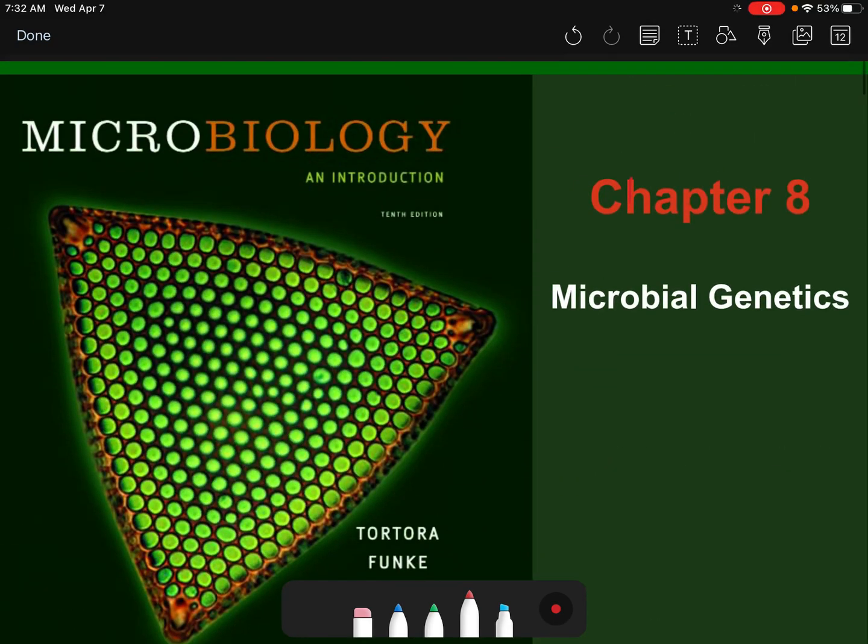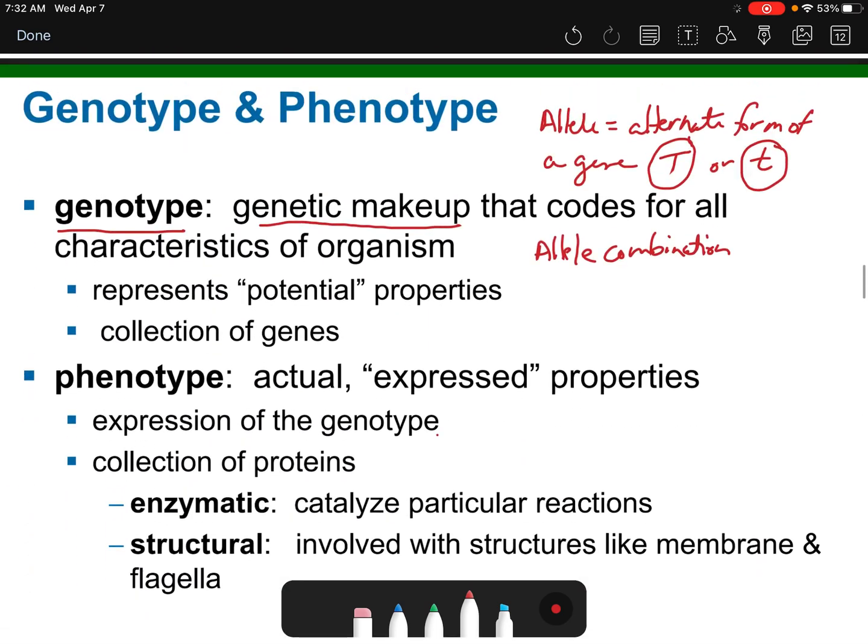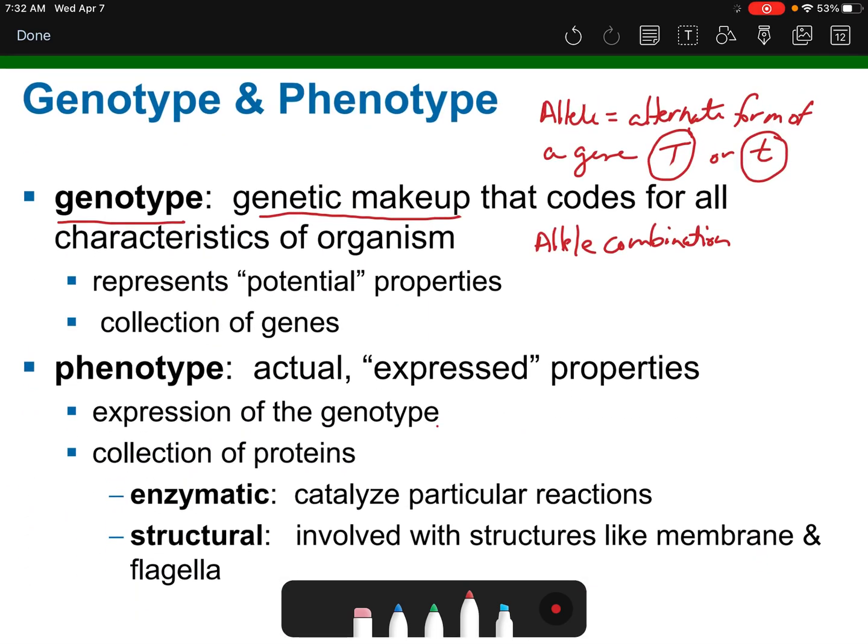So you could either inherit two big T's, a big T and a little t, or two little t's, depending on what alleles your parents had that were in the egg and sperm cell that joined together to form you. So these are what we call our genotypes. It's your actual genetic combination.